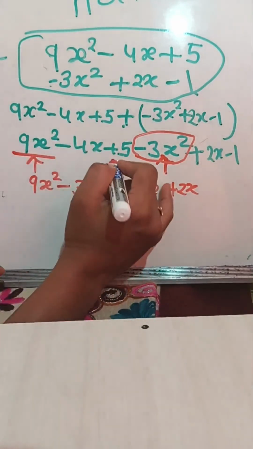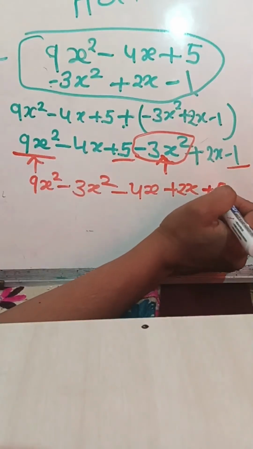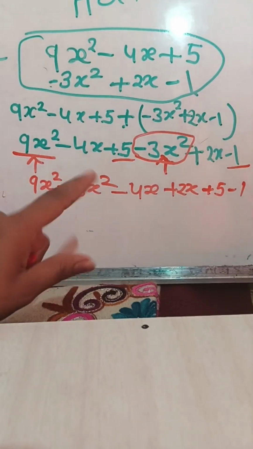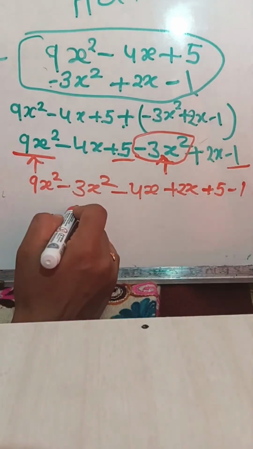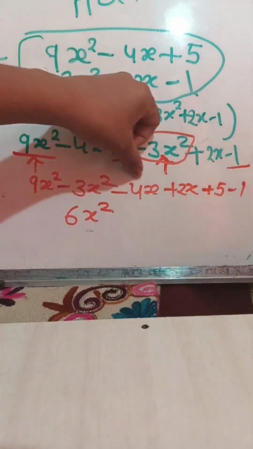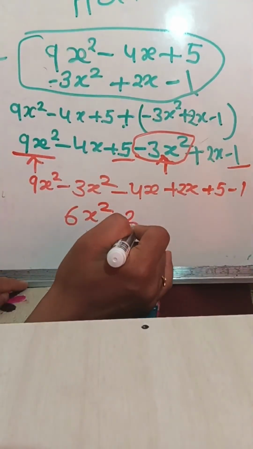Now what do we have remaining? Just write down plus 5 and minus 1. Clear? Now 9 minus 3, normal rule, that is 6x square. Next, minus 4x plus 2x, what do we get? Minus 2x.